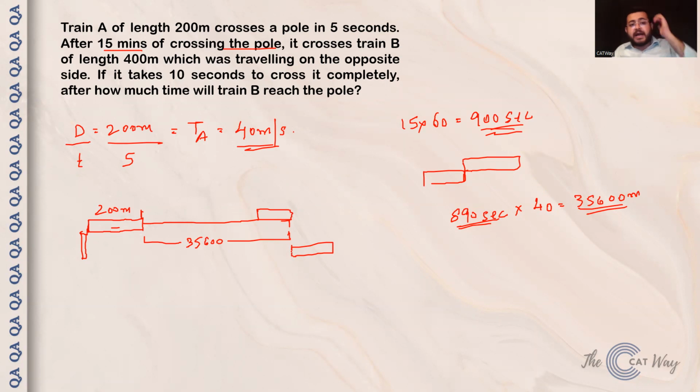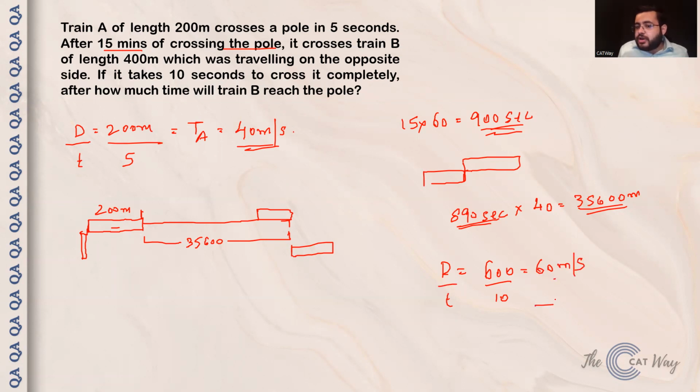Then it has been given that the length of train B is 400 meters and the length of train A is 200 meters, right? So the total distance that will be covered will be the length of train A plus the length of train B, that is 600. And they have taken 10 seconds to cross each other. So the speed is going to be 60 meters per second.